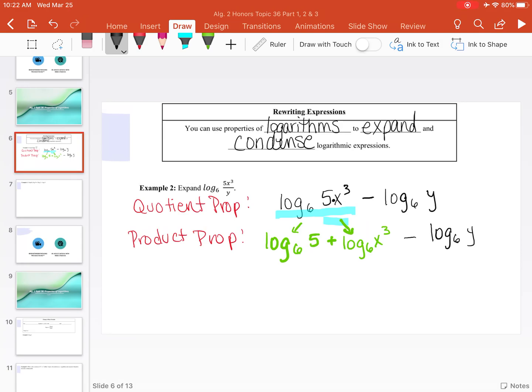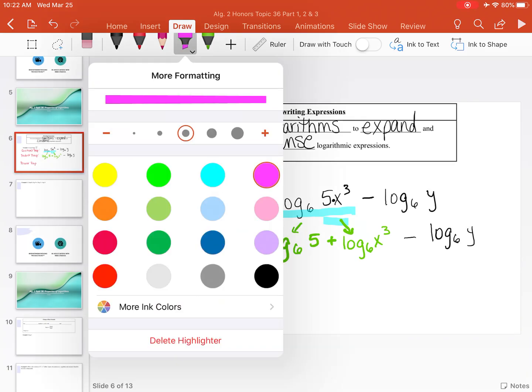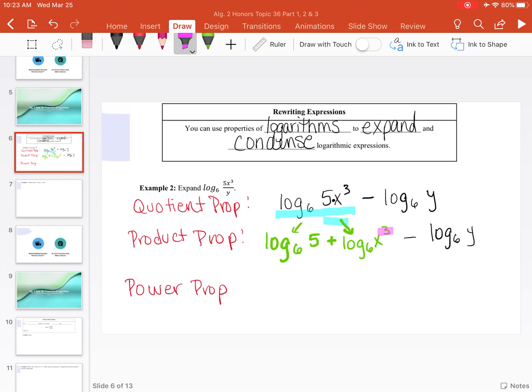Then we can go even further by using the power property, because if we notice right here, we have an exponent. So we can bring that exponent down in front.